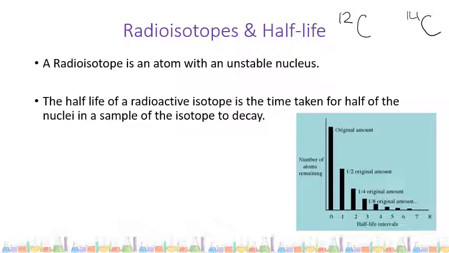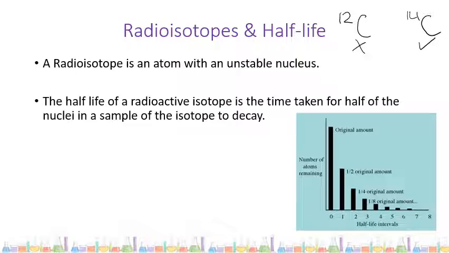Carbon-12 is the most abundant carbon isotope. That is not radioactive, which is brilliant because it's present in so many different things around us. Carbon-14, the carbon-14 isotope is radioactive. We mentioned that earlier in the aging of deceased living things.